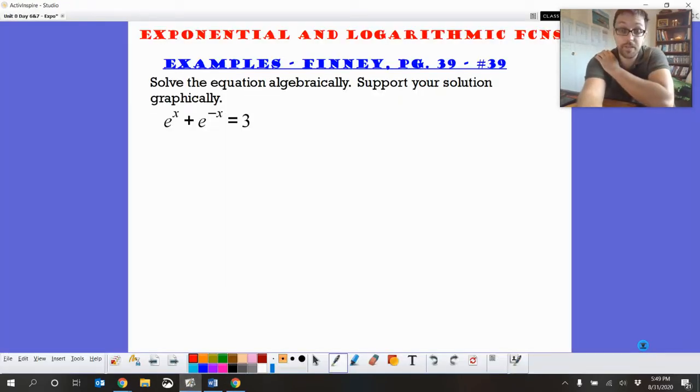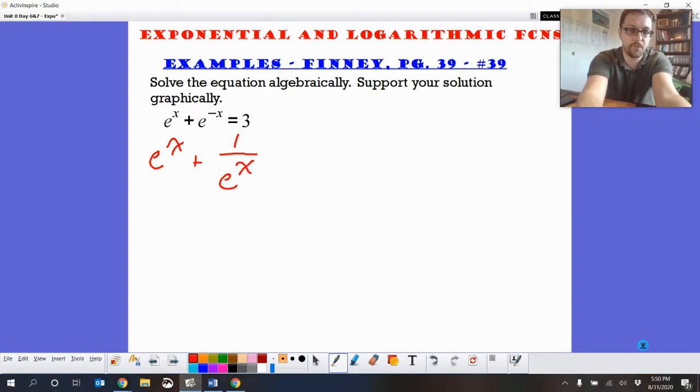Okay, so the way I'm going to solve this thing, what I want to do first is get those e to the x's to match, and you'll see why in a second. So I'm going to get e to the x plus, and this e to the negative x, I'm going to convert into a fraction.